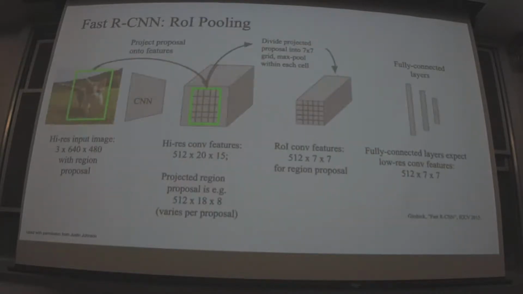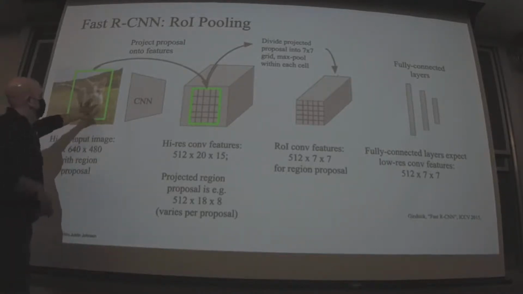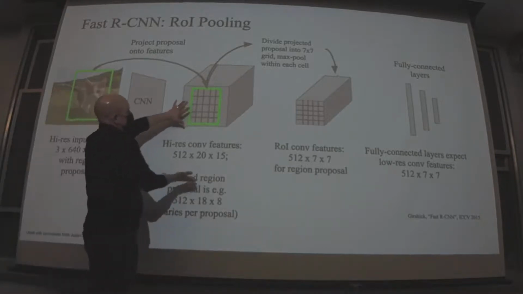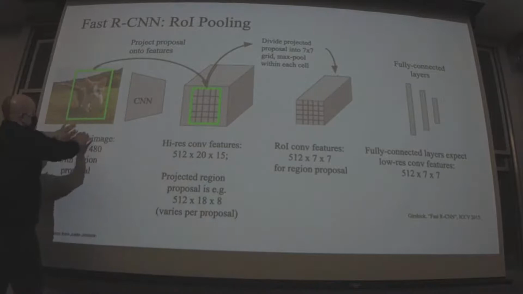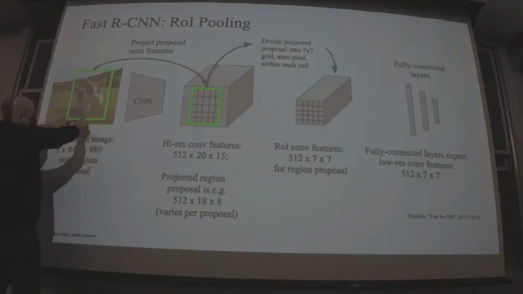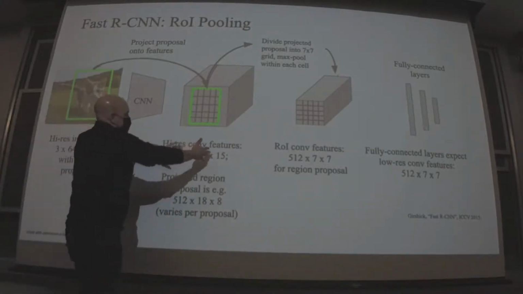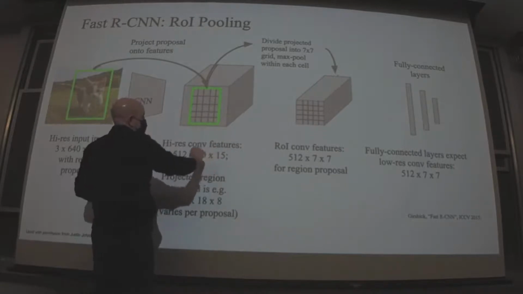And this is maybe a somewhat complicated slide, but the basic idea here is that once you have your region, again, you're actually doing this at a Conv5 layer. So remember, this is not at the original resolution, but at this funny abstract resolution.